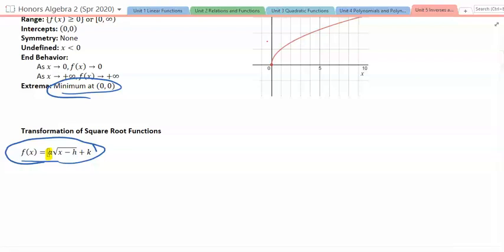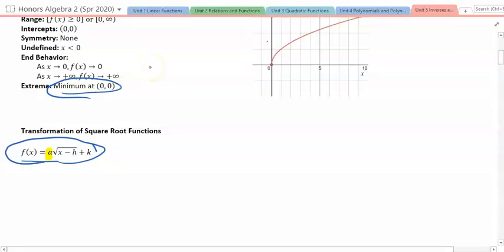And remember, if we have a positive or negative in front, that could reflect it across the x-axis. And so go back to what we talked about in chapter 2, that a is our dilation. And remember, our dilation factor will be a vertical dilation, right? And remember, the sign would be the reflection across the x-axis.